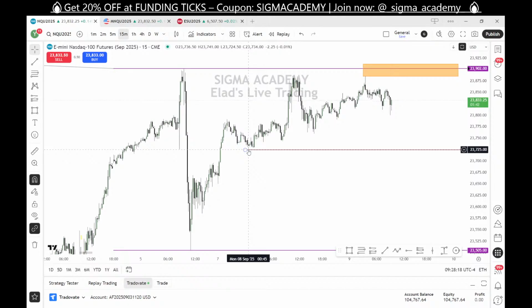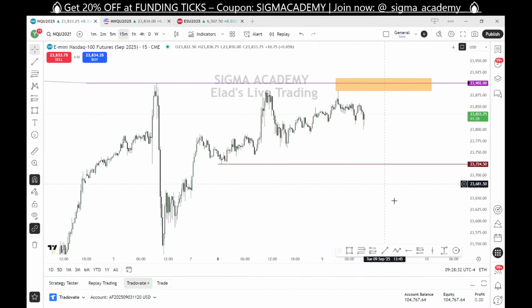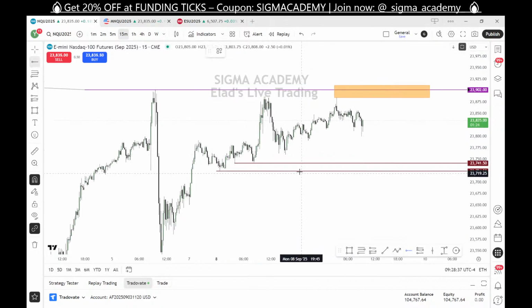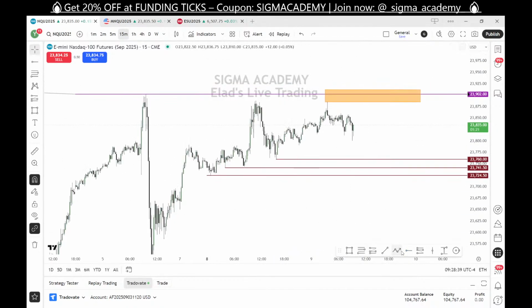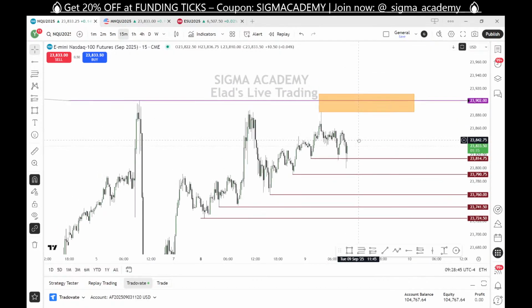By the time, a little bit more players that want to protect their capital will place their orders as long as we make higher lows, okay? So I can assume in each point of here there are stop orders. As you can see, we reacted from the first one here.